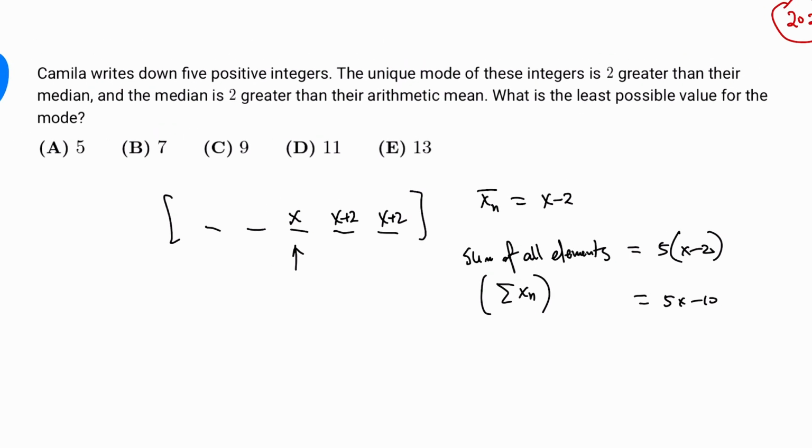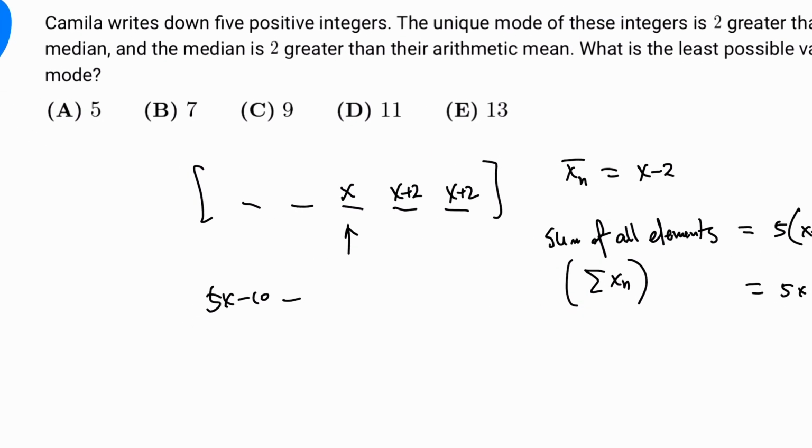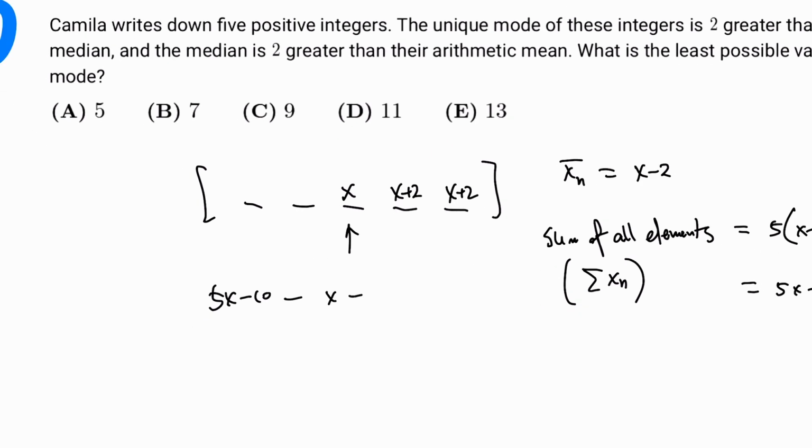So now over here, 5x minus 10 minus what we already have, x plus 2 plus x plus 2, quantity, which is 2x minus 14. Correct? So over here, we have 2x minus 14, and each of these are like x minus 7.